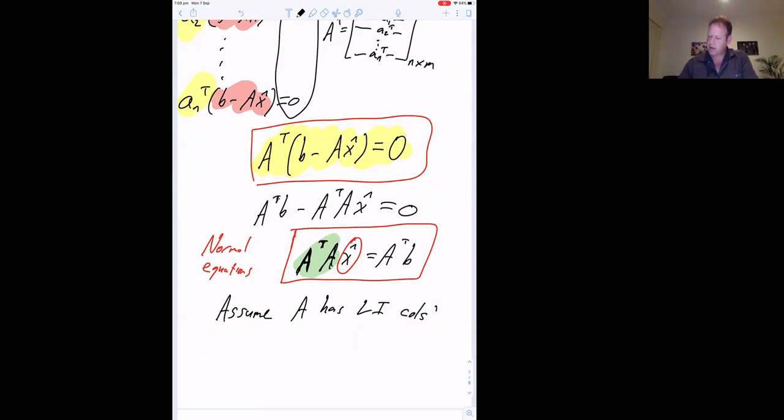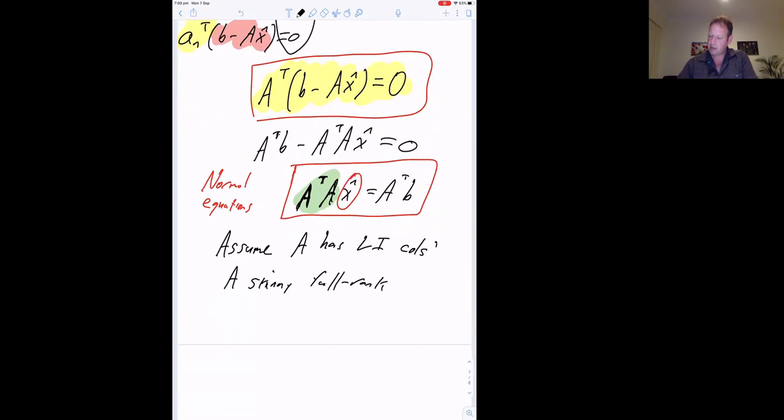I'm just saying it in a different way: skinny, full rank. Or the null space of A is just the zero vector.